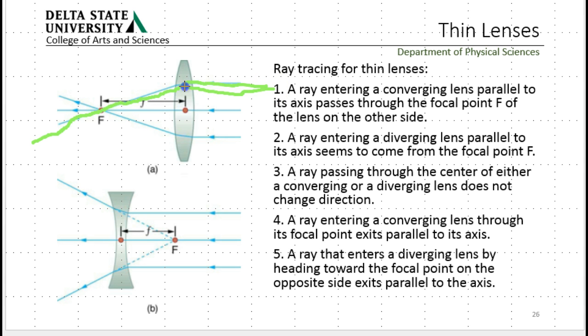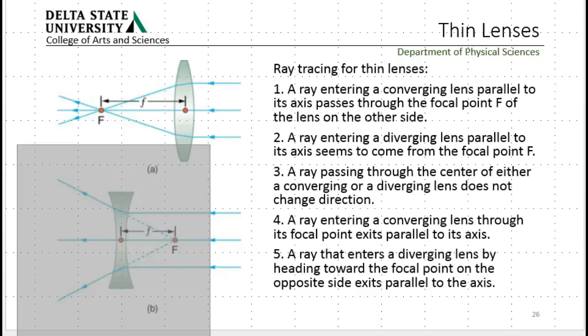That's just the opposite path to coming in parallel and going through the focal point. 5. And likewise, if a ray comes into a divergent lens headed towards the focal point, it comes out parallel. That's just retracing this path backwards. So those are the basic rules for drawing rays for thin lenses.